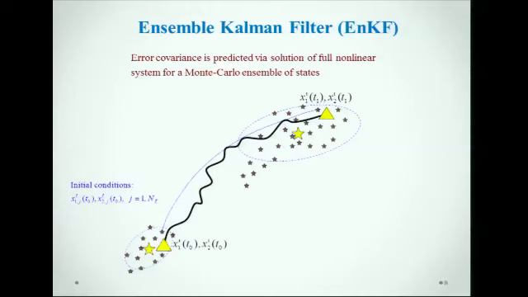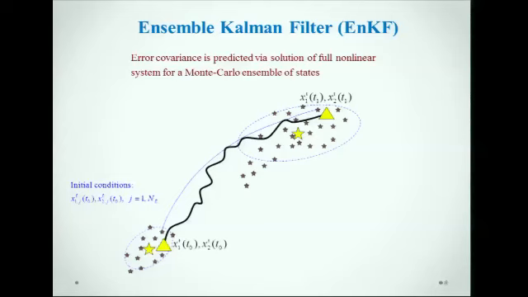What you do is you take a bunch of initial ensembles here, approximating your truth. So you don't just take one guess and some kind of error. You actually take a spray of guesses. So it's a Monte Carlo ensemble of states, as said there.